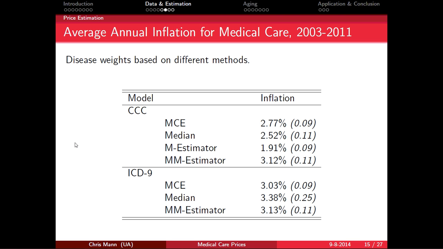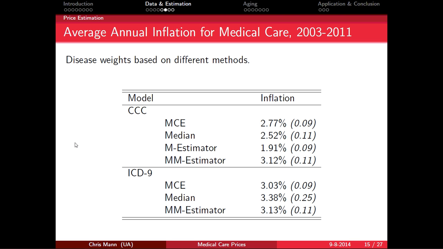But I've also aggregated it by ICD-9 category. In this, I'm looking at those 19 categories, which is probably a little too disaggregated, but this is more similar to the original Bradley study in 2010.